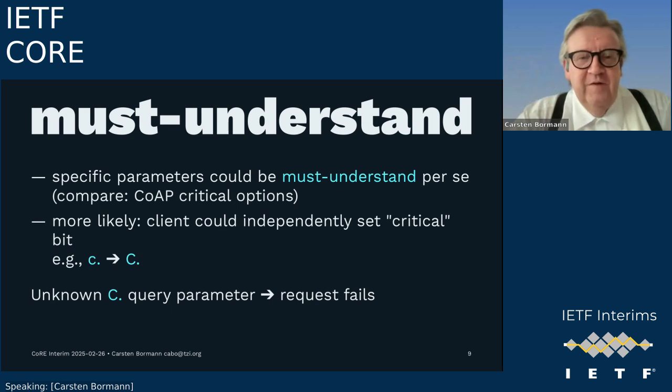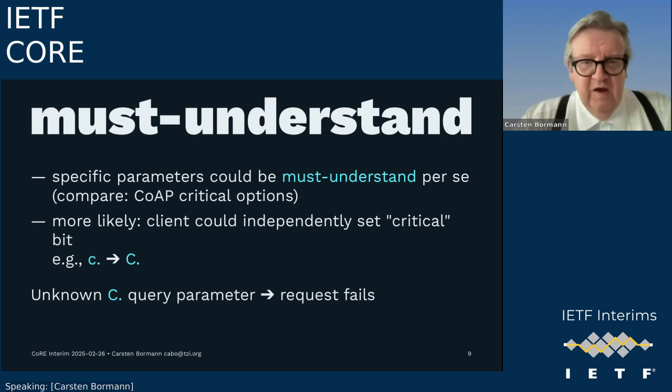So let's say if the conditional query parameter name starts with an uppercase C and a dot, then it's a must understand one. So again, we have the need to identify a conditional query parameter as such, in such a way that the client can be certain that if the server doesn't understand the parameter, the request fails.